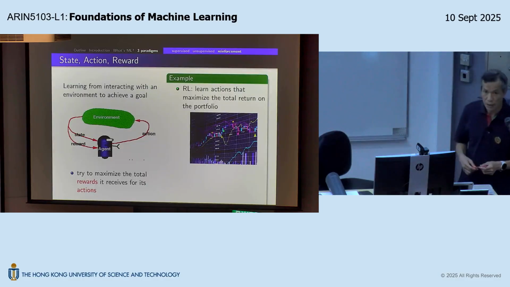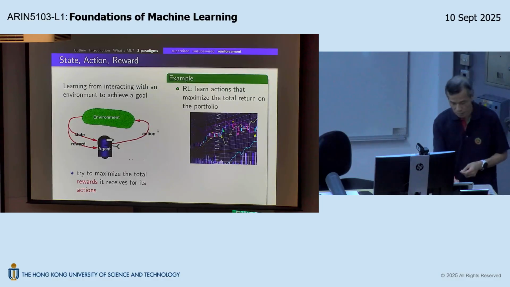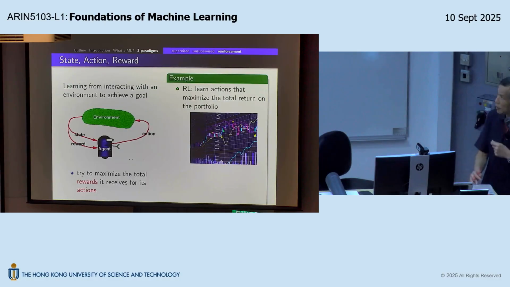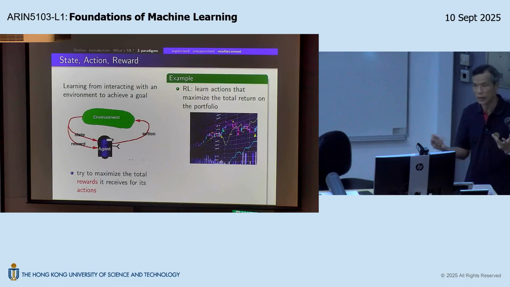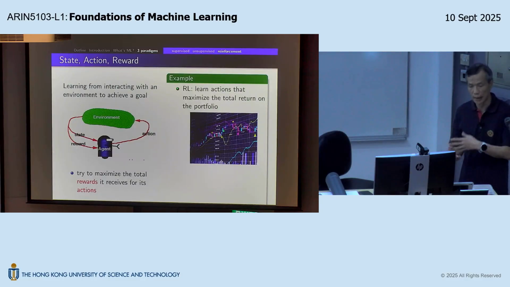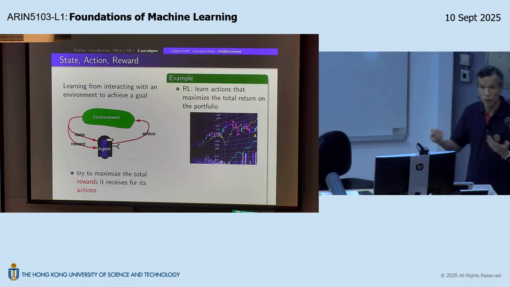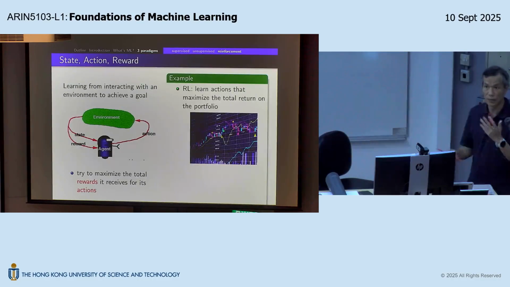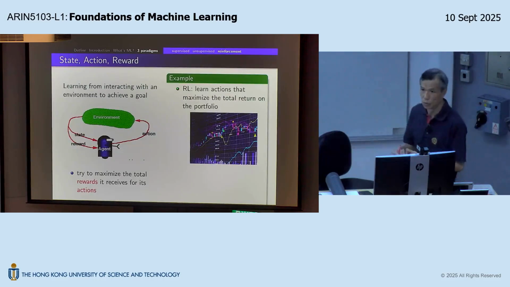One application is that you can use this idea to do stock market investment. In this case, the action can be buy and sell. After this action, you get some reward and a new state. For example, you buy some stocks and then you get some more stocks, but the reward can be positive or negative. Say you sell some stock and then you lose some money.